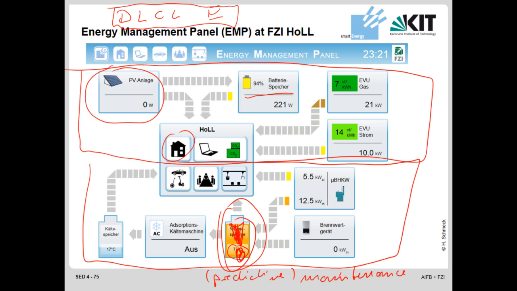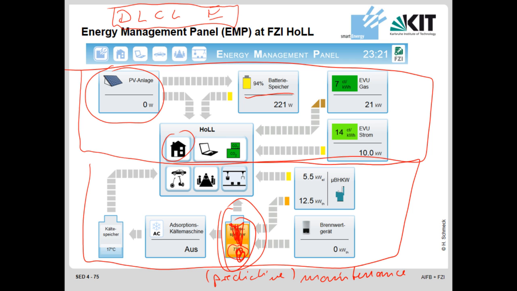Or you could trigger automatically a message actually to the service company, something bad has happened there. So different ways of how you could use such a system where you have all kinds of information about what happened in such a house to improve the way you could do maintenance in that house.